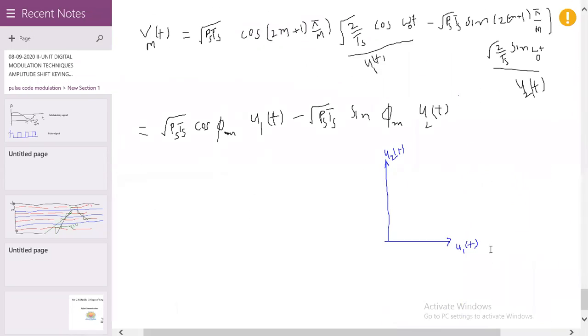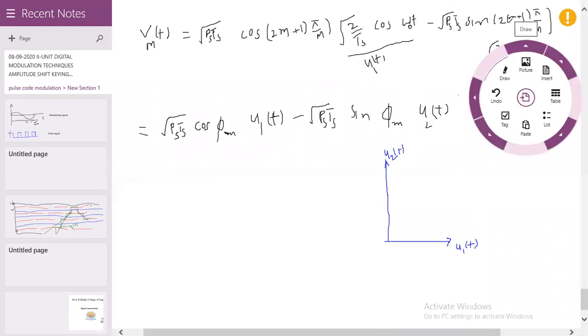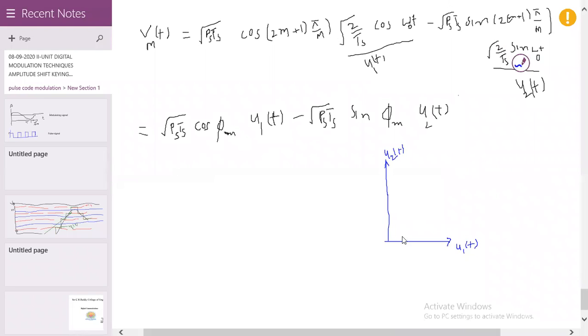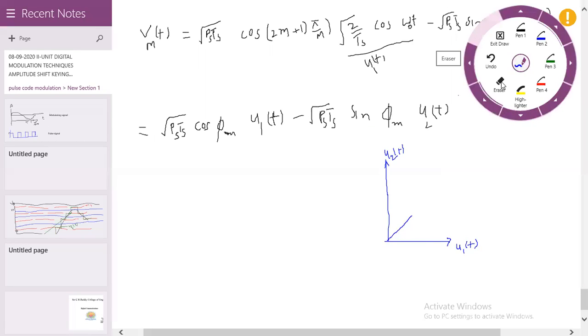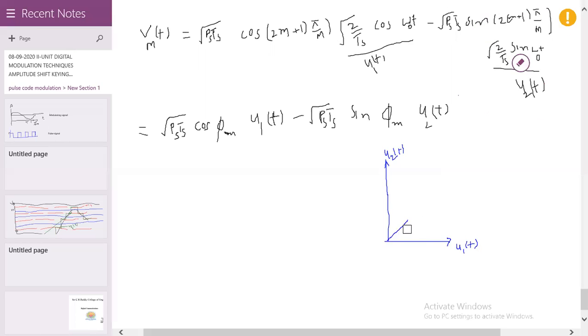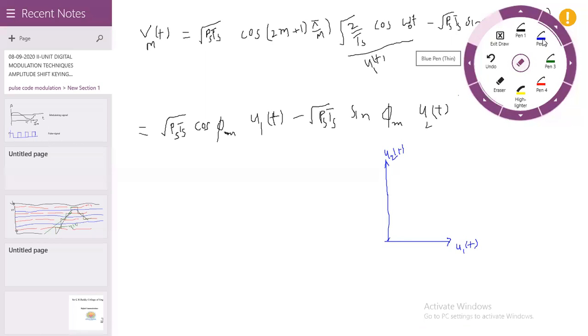Similarly, here also we can write the equation or constellation diagram for this one. U1 of t and u2 of t here. For substituting m is equal to 0, you will get the resultant of that signal.